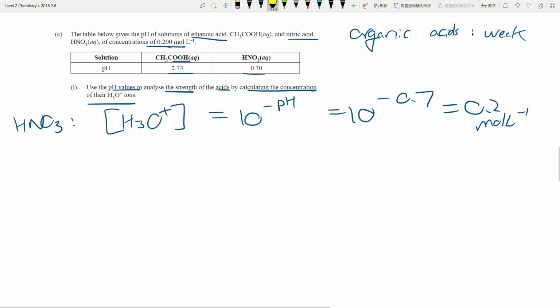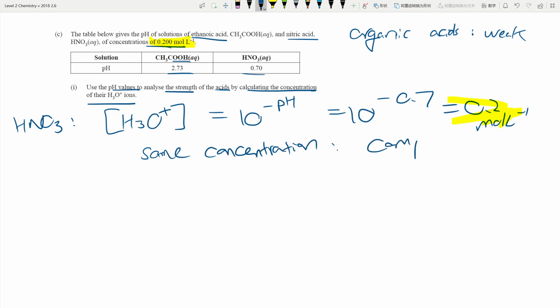And if you look at that 0.2 mole per liter here, and that 0.2 mole per liter here, what does that suggest? The two concentrations are the same, so that suggests complete dissociation. That means HNO3 dissociated in water, and actually let's add the H2O in just to show that.